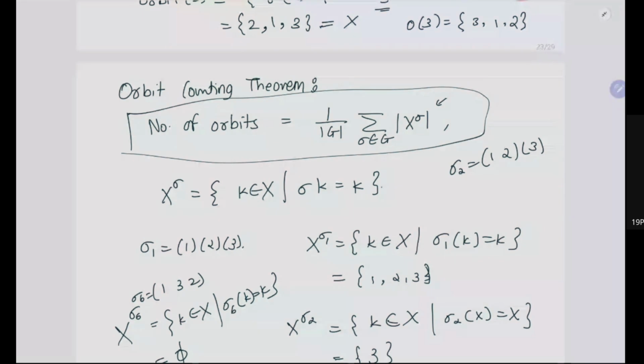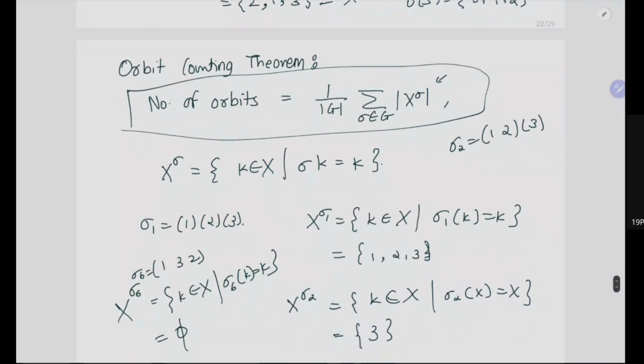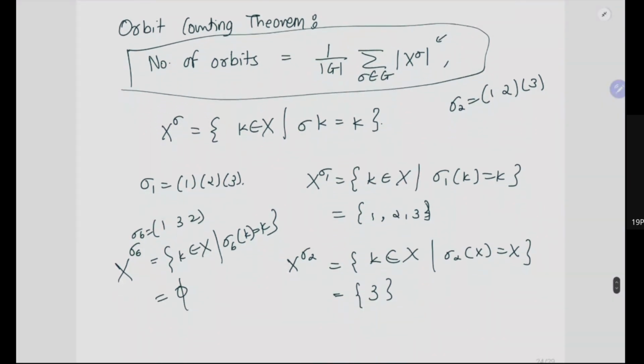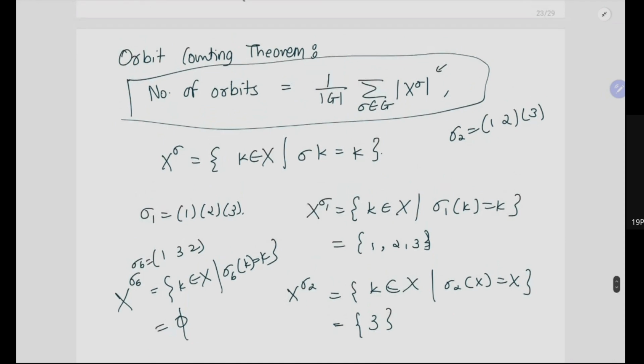Sorry, sir, is the definition correct? Isn't the stabilizer a subset of G? No, the stabilizer is again a subset of X, and orbits are also subsets of X. The stabilizer is the set of all sigma belonging to G such that sigma x equals x.